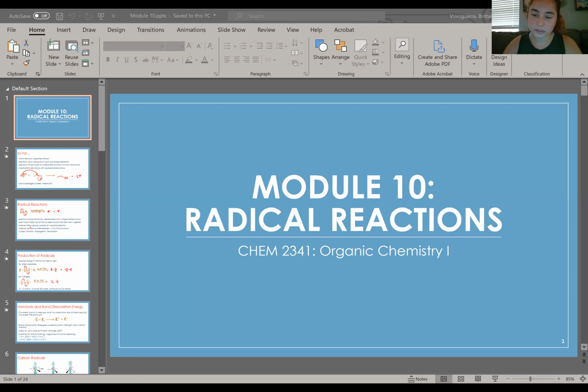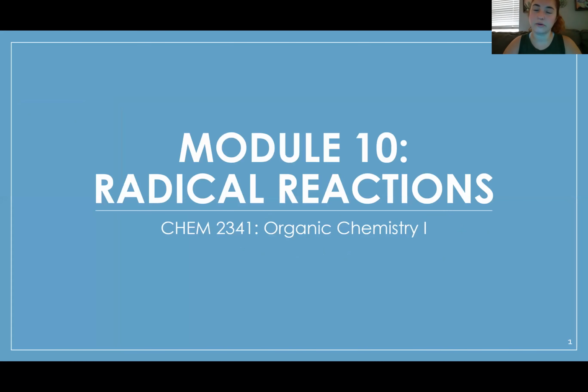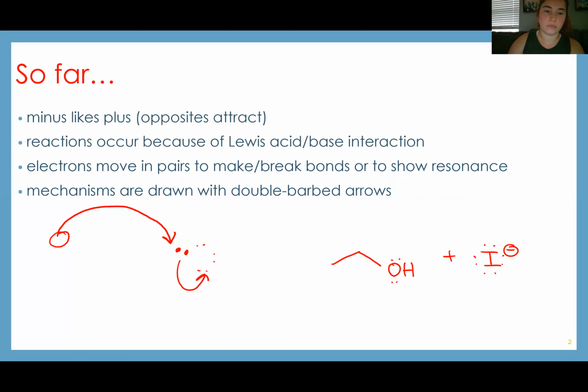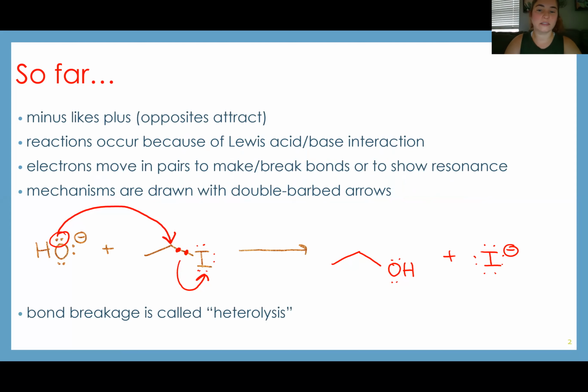Okay, so in this chapter, we are covering radical reactions. The main difference between radical reactions and the other reactions we've been doing is that in everything that we've done so far, there was always a Lewis acid, Lewis base type interaction.